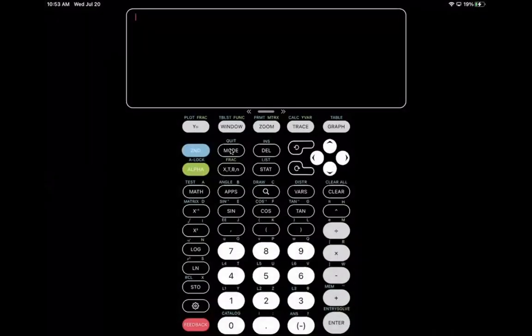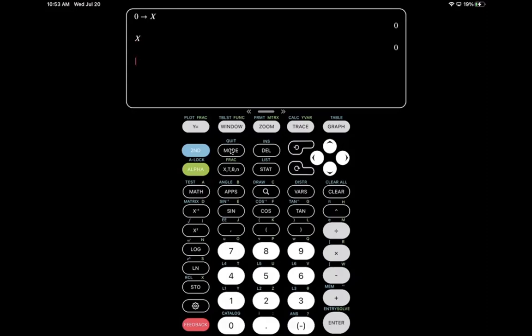First press 0, and then STO, X, press X, and then enter. So now the calculator remembers X is 0. If you press X and then enter, it spits out 0. Good.